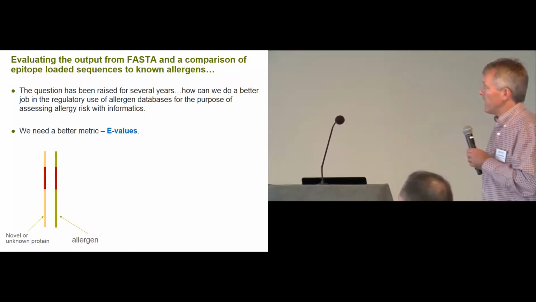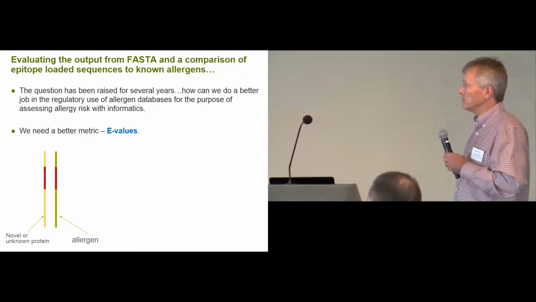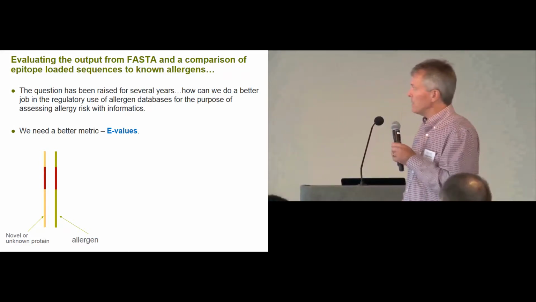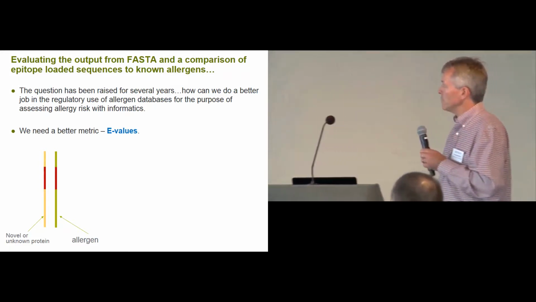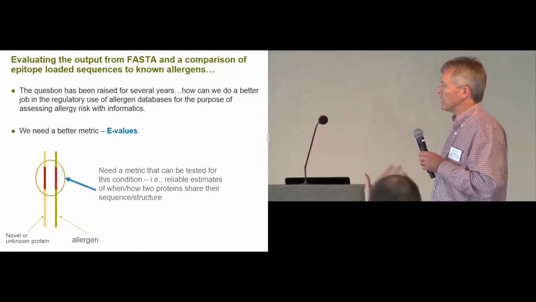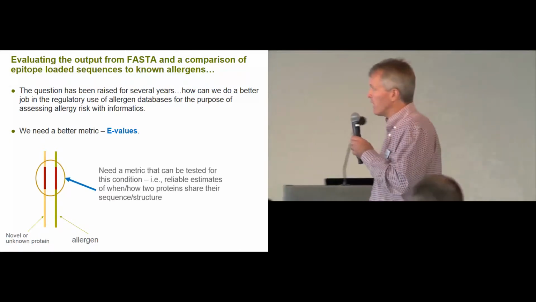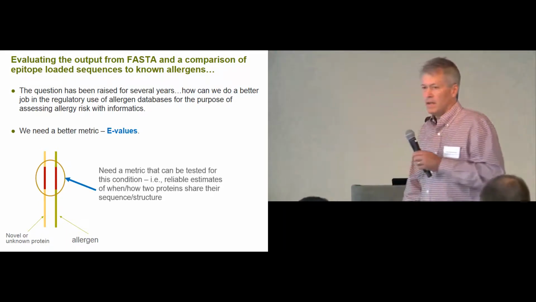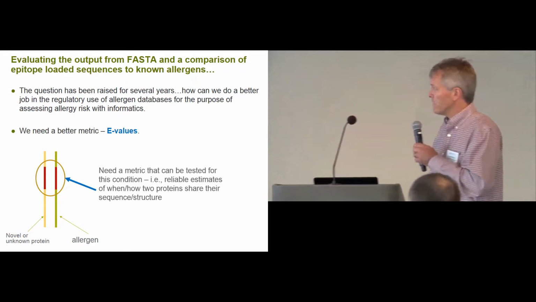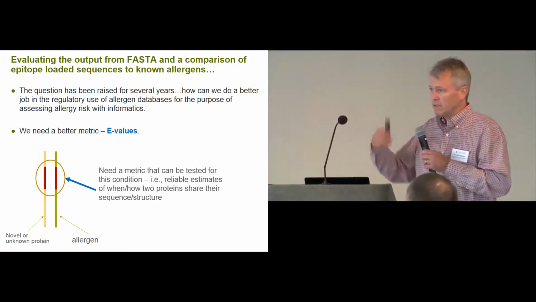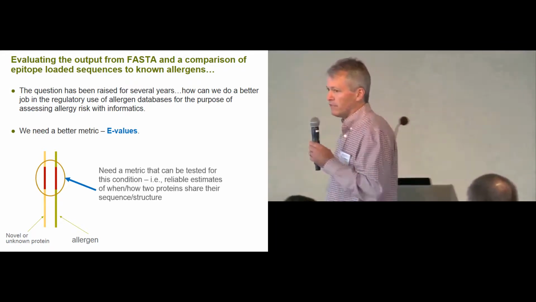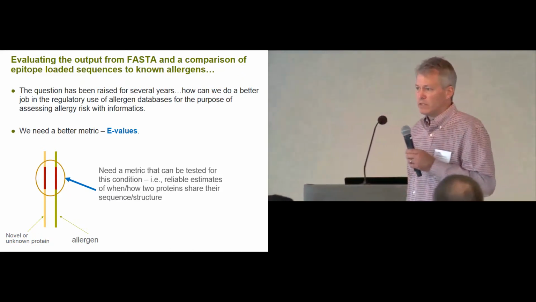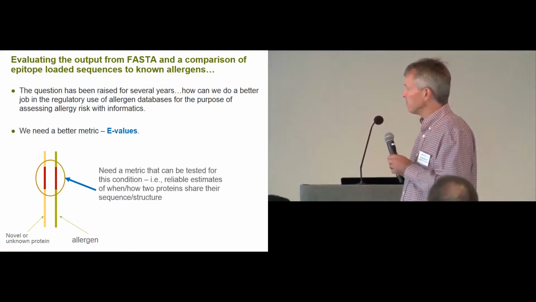So I'm going to use output from FASTA. I'm going to compare known epitopes. So I'll use that as my surrogate domain, load it into sequence, and I'll select epitopes that are from known allergens, of course. And I know from these programs, and again, I'll focus on FASTA, that the E-value, and I know we've seen that on some of the slides, the expectation value, is essentially the penultimate summary statistic from, say, FASTA and BLAST.